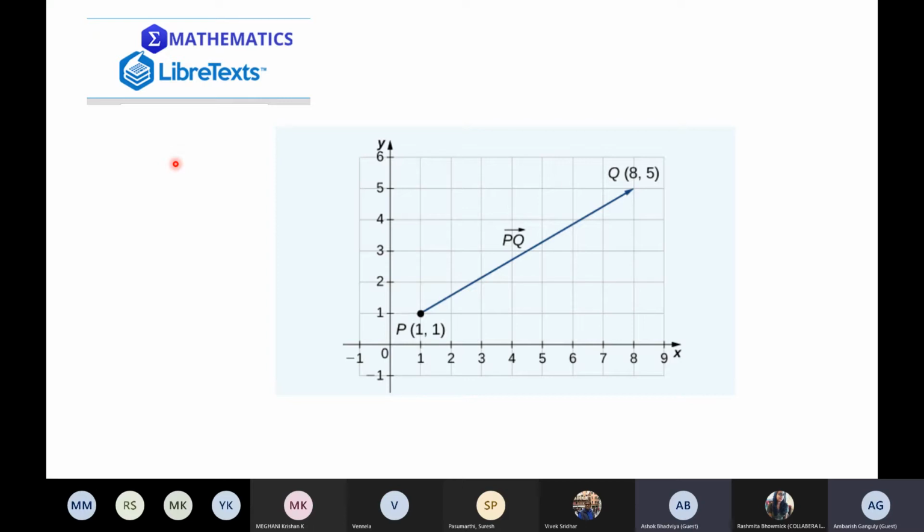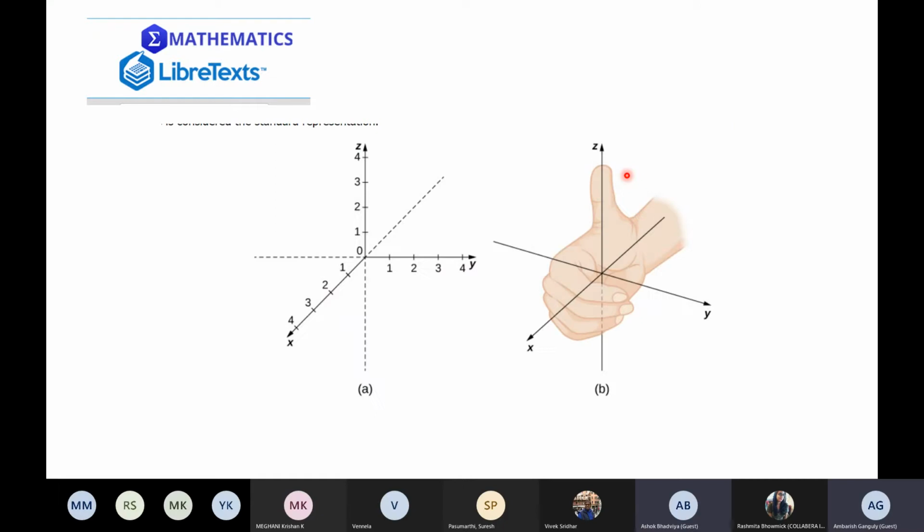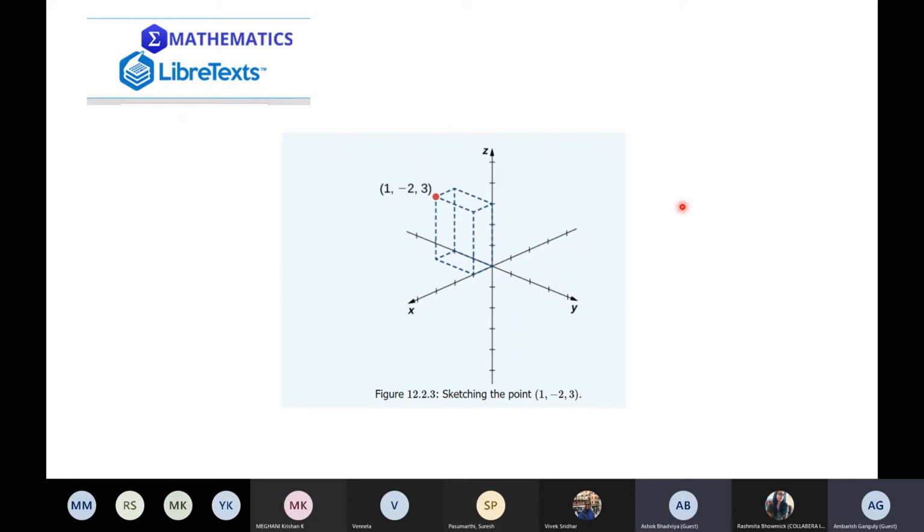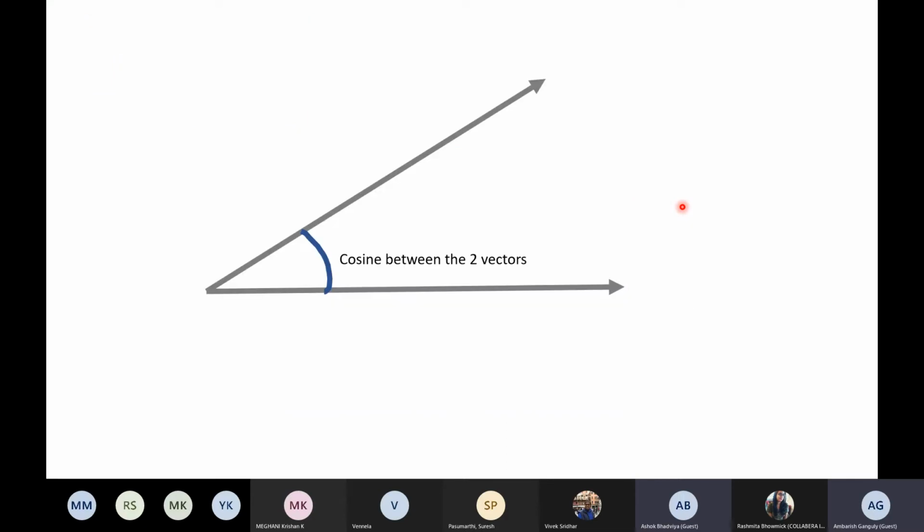Basically, any point can be represented in two dimensions by two values, right? 8 and 5, it's a two dimensional value. Similarly, if it is three dimensional, you have a three dimensional value, X, Y, Z. And if it is four dimensional, it is four values, five values.